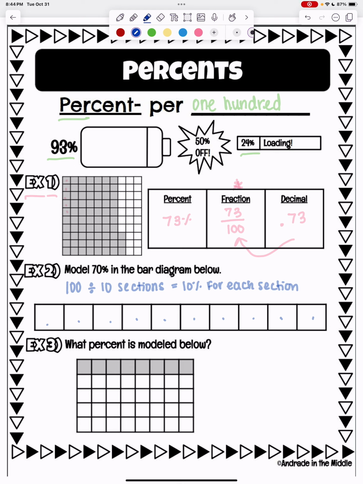We should know how to count by tens, right? So if I count by tens, this is 10, so this is 10%. Now we're at 20, 30, 40, 50. Oh, I didn't mean to write 50.